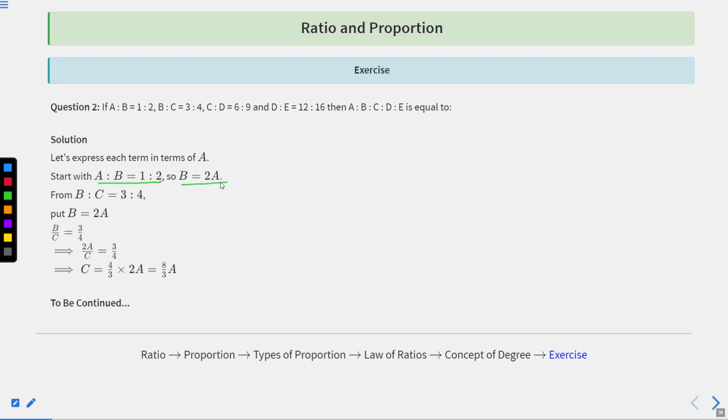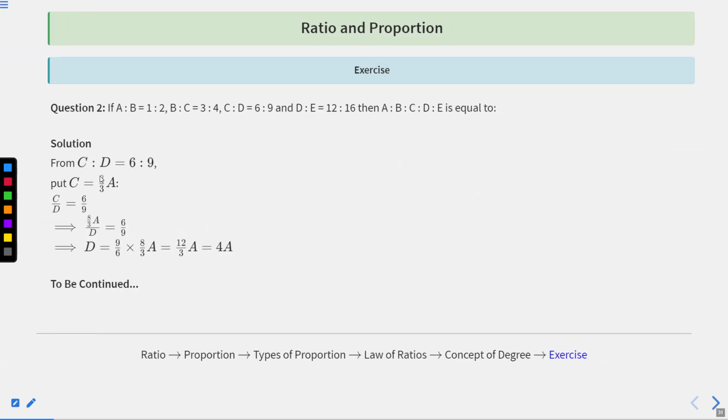So B equals 2A, correct? And B is to C is given to be 3 is to 4. So B upon C equals 3 upon 4. Substitute the value of B here: 2A upon C equals 3 upon 4. Since you want the value of C, C equals 4 upon 3 times 2A, that is equal to 8A upon 3.